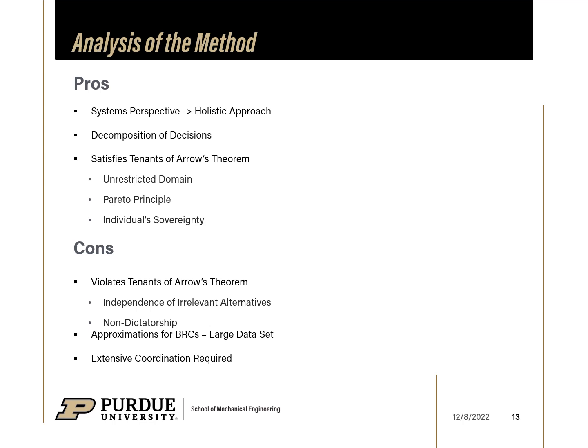And there are approximations for the BRCs, because the BRCs are dependent on a large amount of data and information being fed that is not always possible under a given circumstance. And finally, it requires extensive coordination with the leader to give information back to the designers and then decide what the variables are.